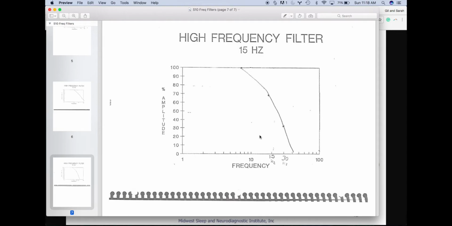So if you have 15 hertz in 1 second and you put in a 15 hertz high frequency filter, the amplitude of that wave is going to attenuate to 70. So you'll only see 70% of the amplitude of 15 hertz in a 15 hertz frequency filter.